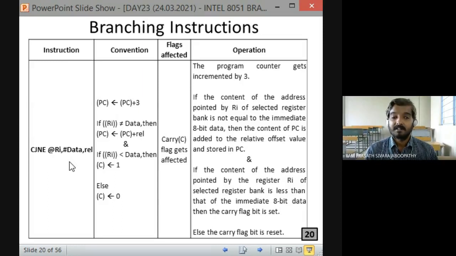CJNE means something is compared with another thing. If it is not equal, the offset value gets added to the program counter, and the carry flag gets affected based upon whether the source is lesser than the destination. Okay, so that's all about the CJNE instruction.